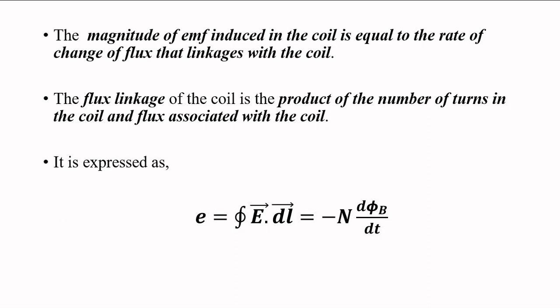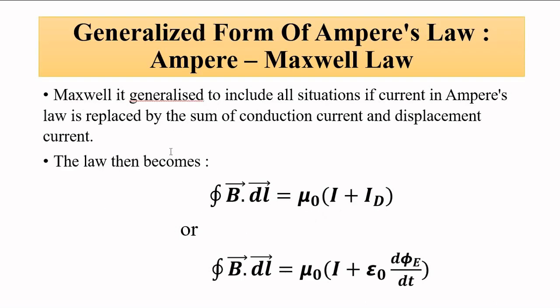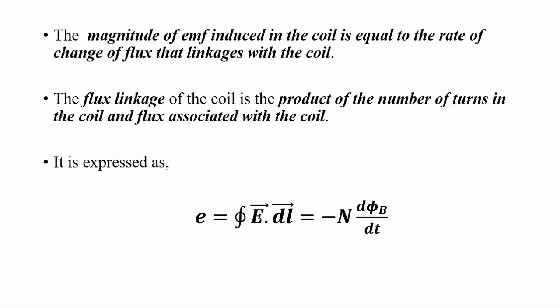And the modified Ampere-Maxwell law relates the line integral of the magnetic field with conduction current and displacement current, which is expressed as epsilon 0 d phi E by dt, the rate of change of electric flux. So magnetic flux density, electric flux, electric field intensity and magnetic flux.